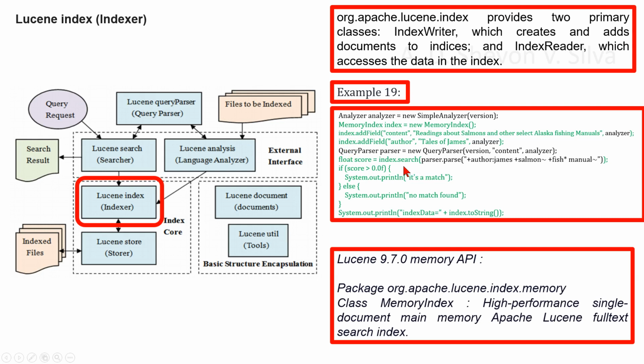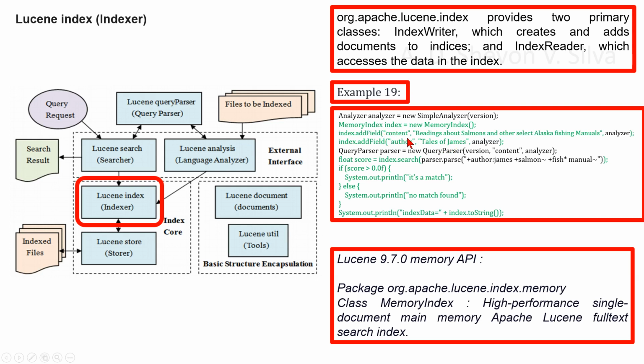This instance can hold at most one Lucene document, with the document containing zero or more fields, each field having a name and a full-text value.